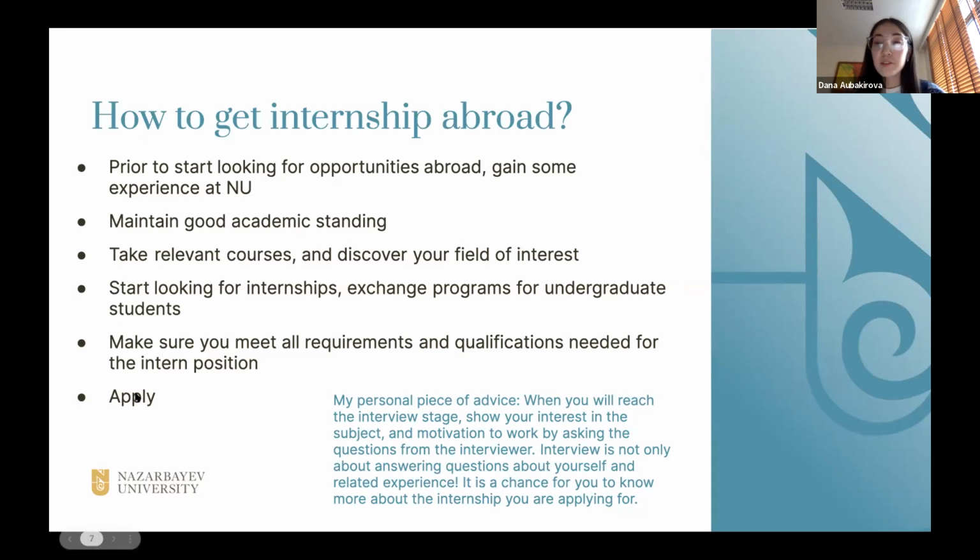My personal piece of advice is, when you reach the interview stage, show your interest in the subject and motivation to work by asking the interviewer questions. An interview is not only about the interviewer asking you questions and getting to know you better, but also a chance for you to learn more about this internship, because maybe you are not even interested in working there or in doing the tasks they would give you.